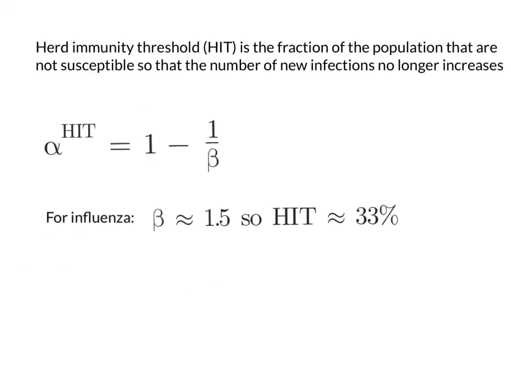So let's look at a few examples. Flu, the influenza virus. It's not particularly infectious in the sense that the initial reproduction number is only about 1.5. So the herd immunity threshold is reached when 33% of the population are no longer susceptible to the disease.